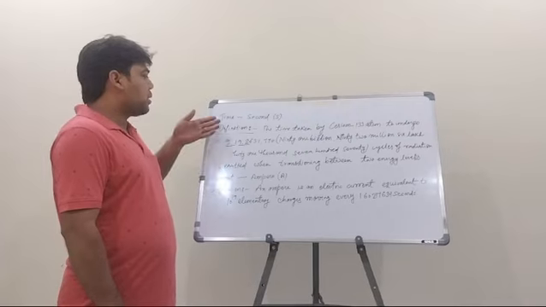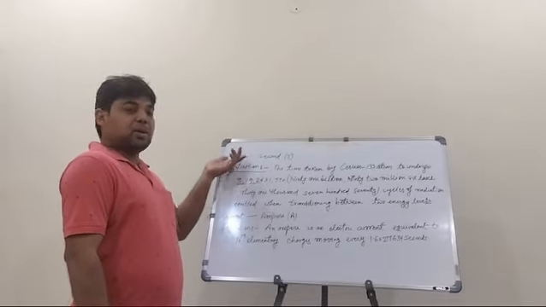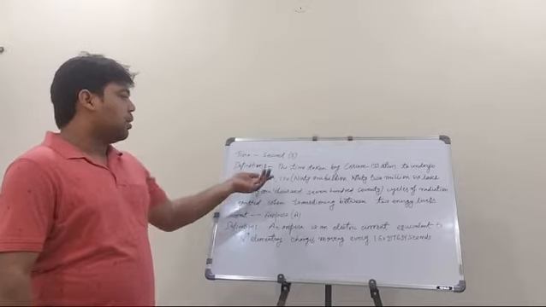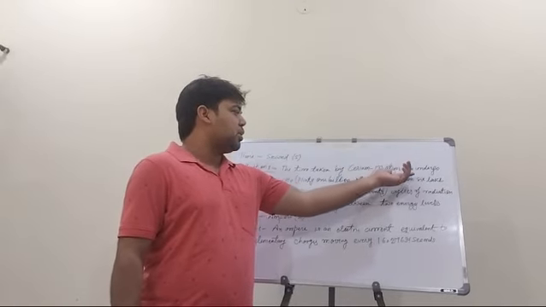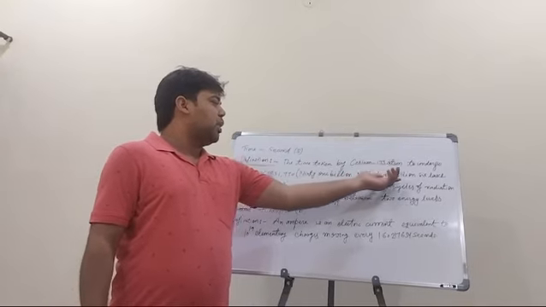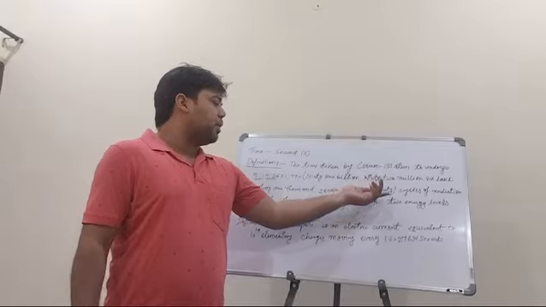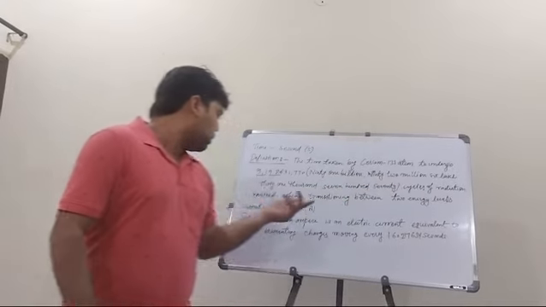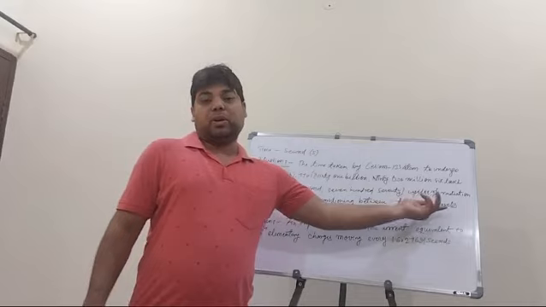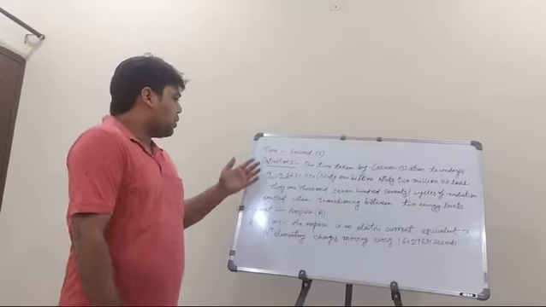Now let us define another SI unit, second, which is the unit of time and represented by small s. It is defined as the time taken by a cesium 133 atom to undergo 9,192,631,770 cycles of radiation emitted when transitioning between two energy levels. Now this is the definition of your second.